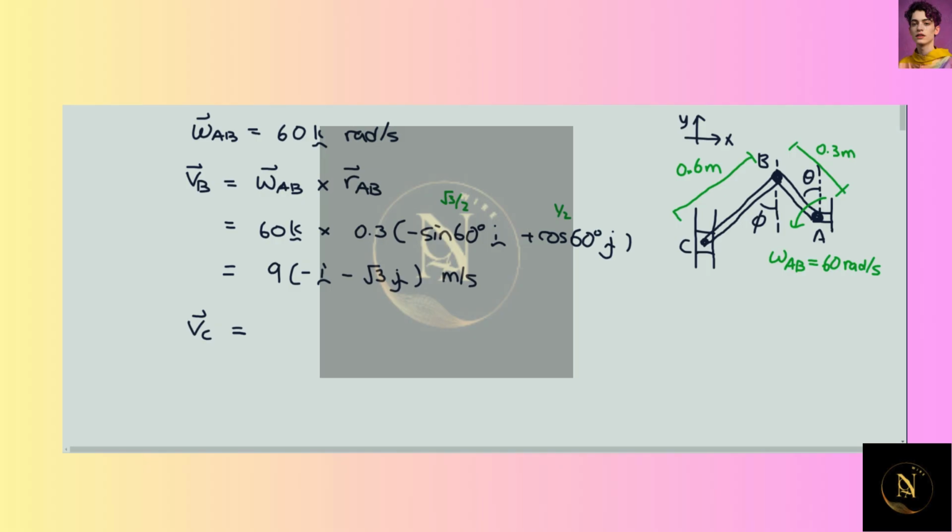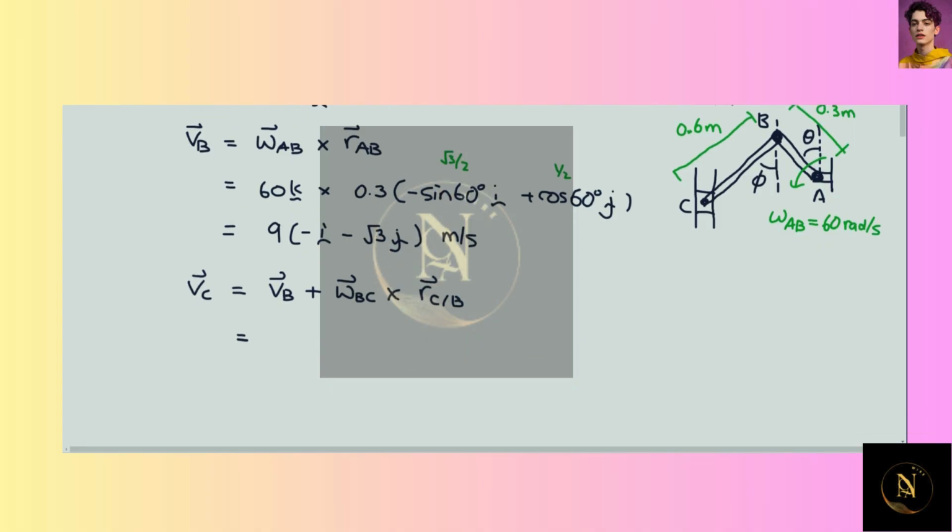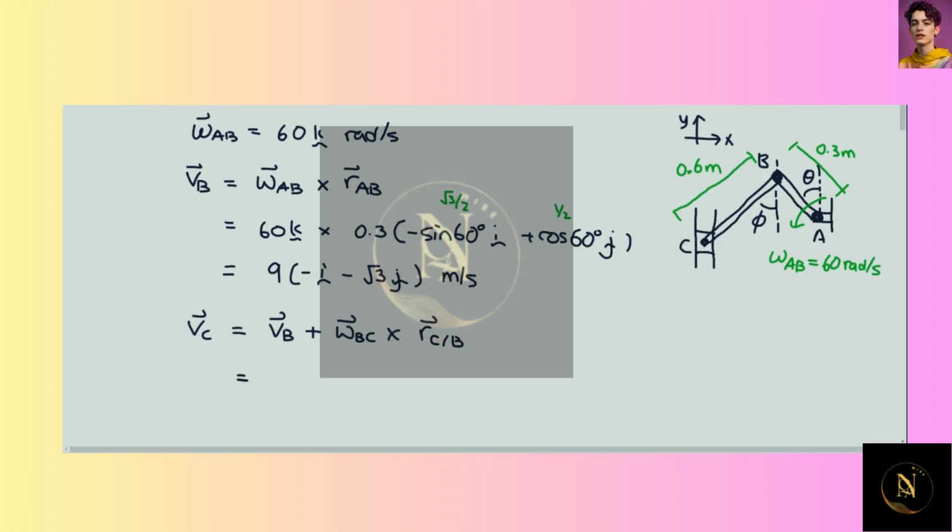So vC equals vB plus omega BC cross the position vector of C relative to B. From this situation, you can tell that vC is going to be pointing downward, because when AB is rotating counterclockwise, BC is going to move counterclockwise as well, and C will be moving downward along the channel.